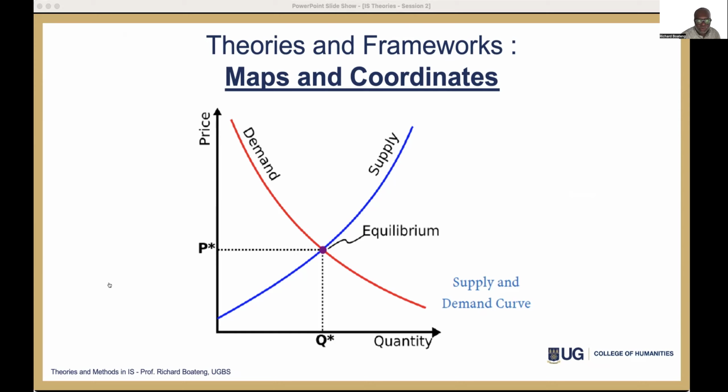When you read more about this model, you can appreciate the differences in elasticity in the market, and why some products are inelastic and some are elastic. Let's continue with another one. Maybe later we'll come back to this and see how best an IS person can apply it in their work.